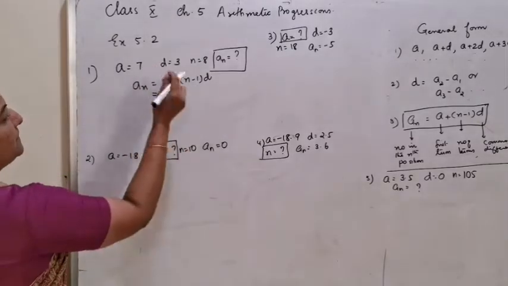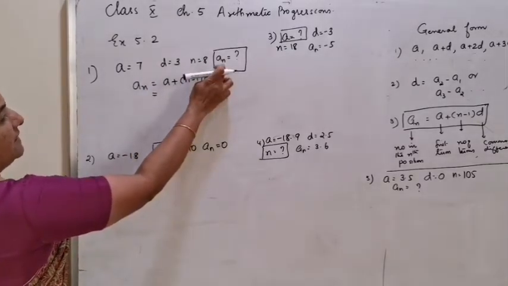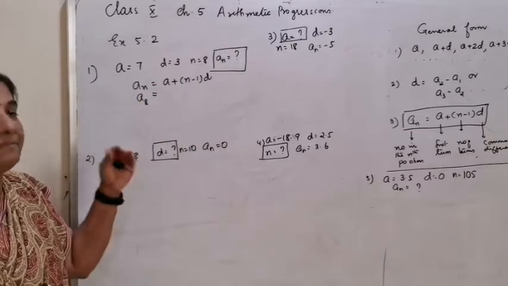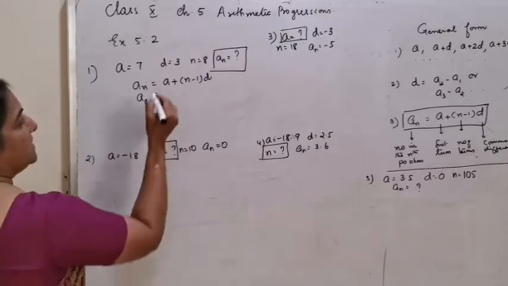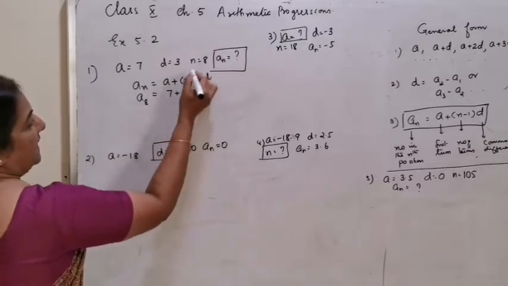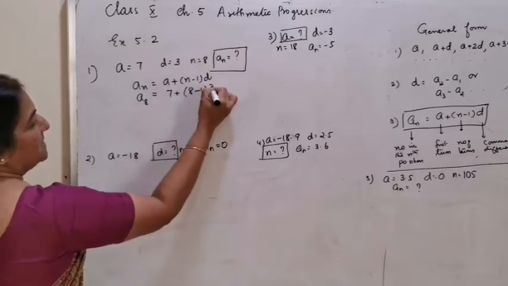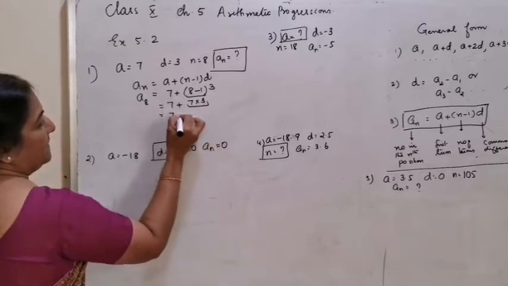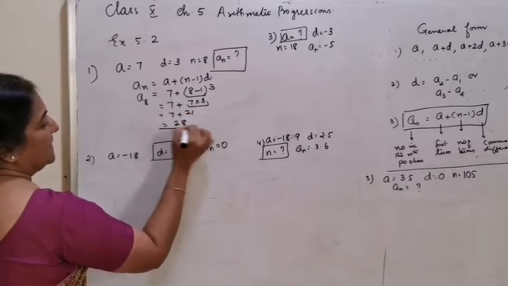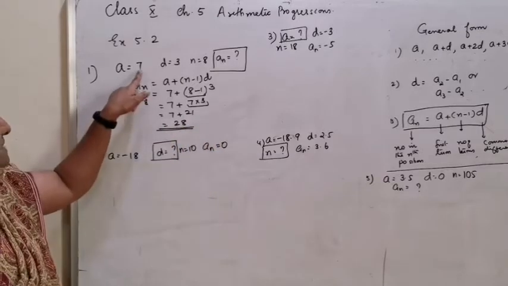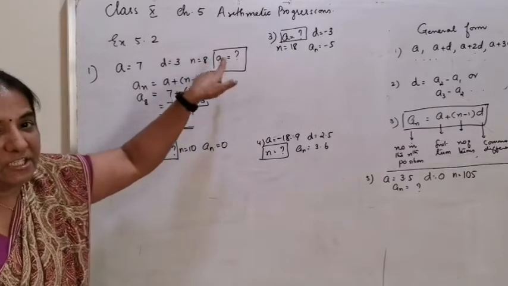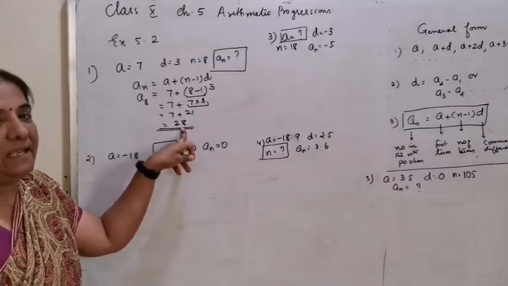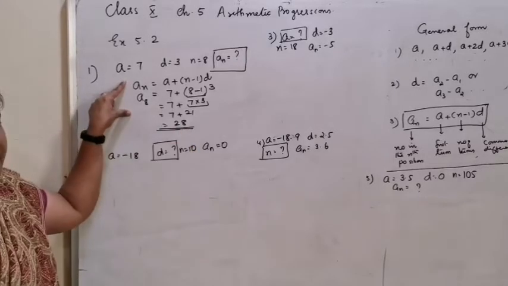There are 8 terms, so they are asking you to find the 8th term, a8, the number in the 8th position, which is equal to a is 7 plus n is 8 minus 1 into d is 3. 7 plus 8 minus 1 is 7, into 3, 7 plus 21, which is equal to 28. That means the AP is 7, 7 plus 3, 10, 10 plus 3, 13, 13 plus 3, 16, like that. The 8th number will be 28. That's the meaning of this subdivision.